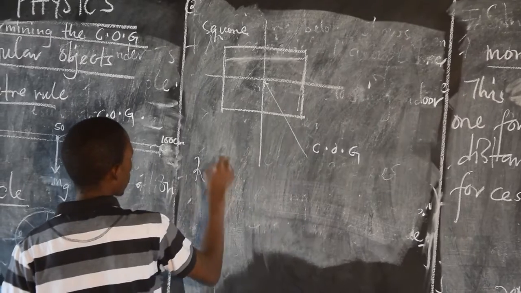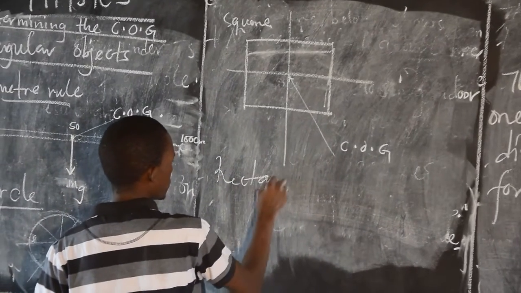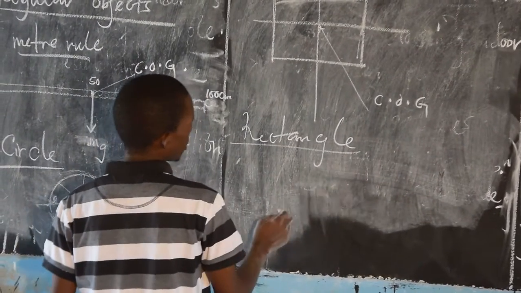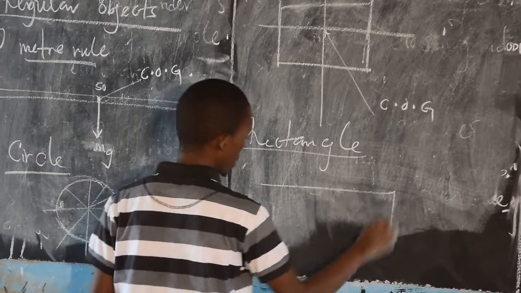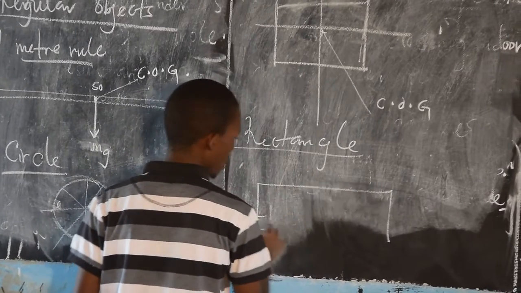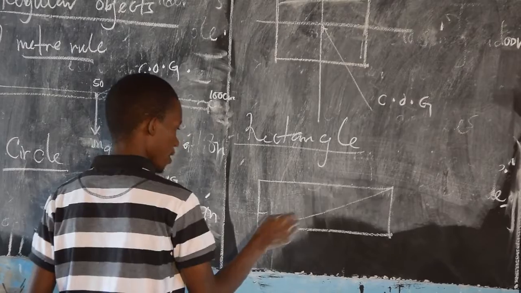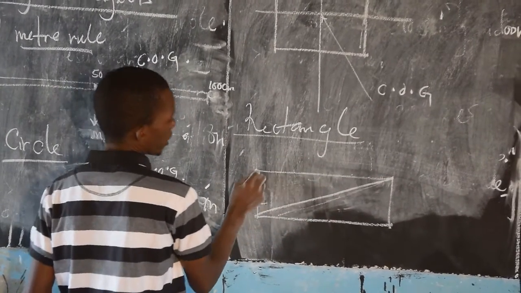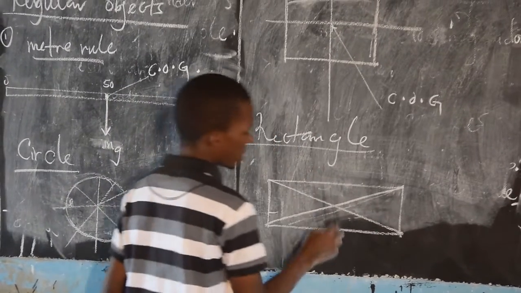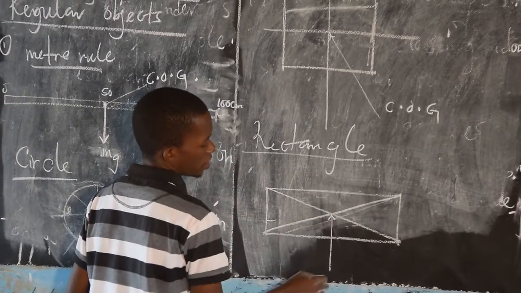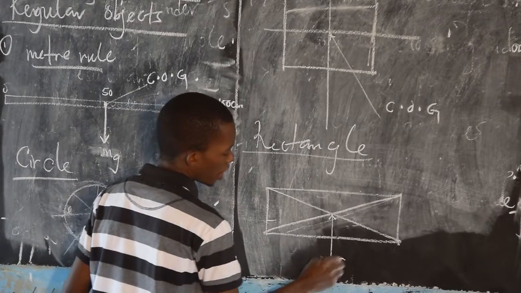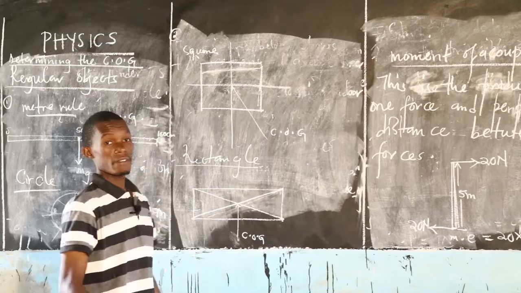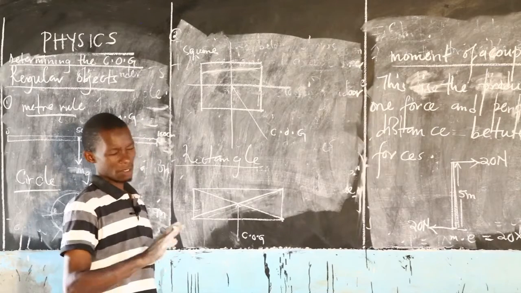The rectangle. The center of gravity, we have two lines of symmetry. When you join the diagonals, that one to that, this one is the center of gravity. For regular objects, it is very simple.